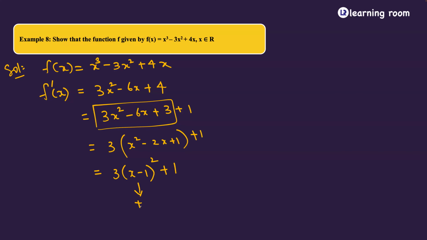This is a positive value and 1 by default is a positive value. The sum of two positive values will always be greater than 0, irrespective of whatever value of x you substitute. So f dash of x is always greater than 0 for all values of x that belong to R. Am I clear with this? Hence, it is a strictly increasing function.